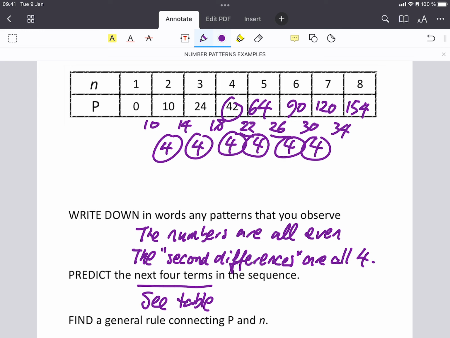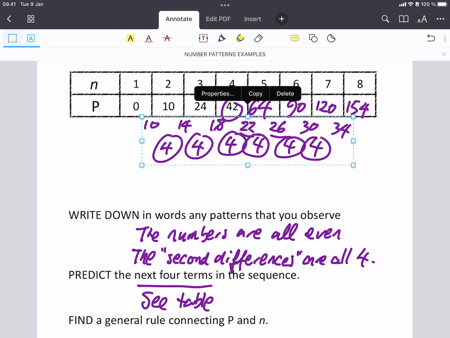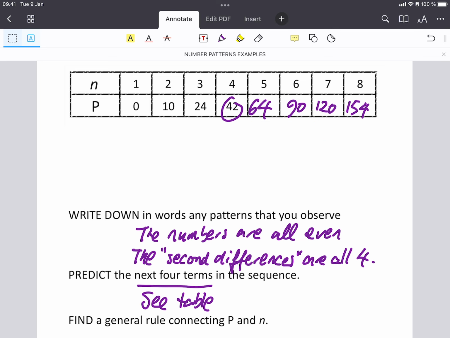So the fact that they are always 4 gives us the big clue about the n squared term. So because they're 4, then half of 4 is 2. That tells us that our general rule is going to have a 2n squared. So the amount of n squared in the rule is always half of the second difference.